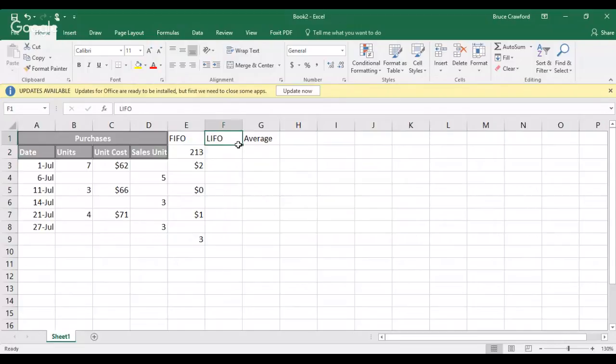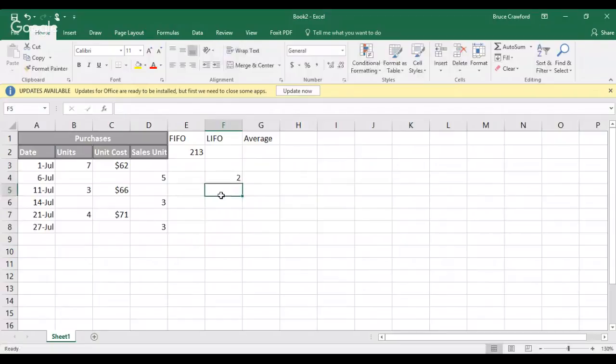under FIFO. So under LIFO, it works a little bit differently. LIFO assumes that the last inventory in was the first one sold. So basically, on the first, they bought these 7 units, then they sold 5. And we know they had that remainder of 2.